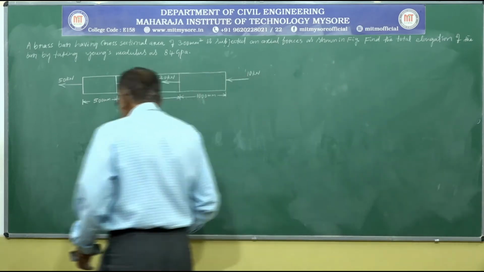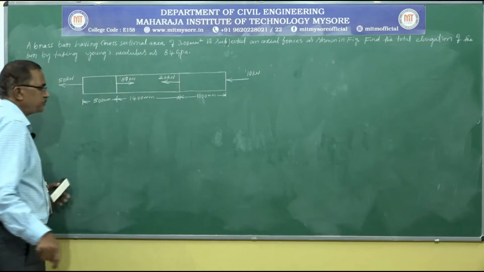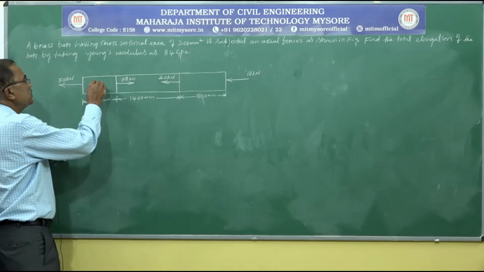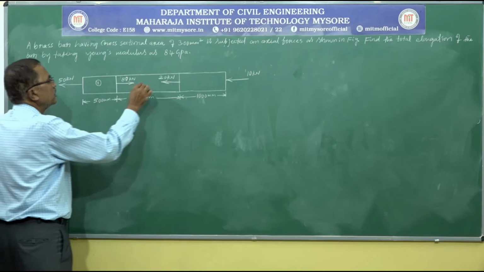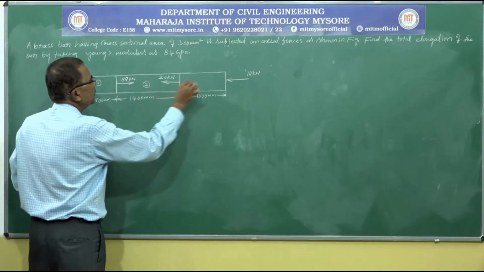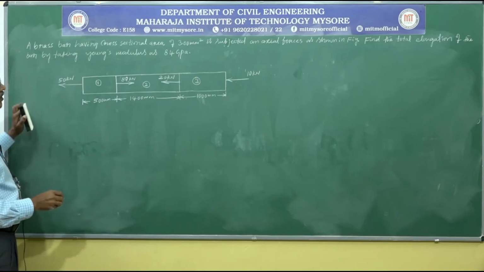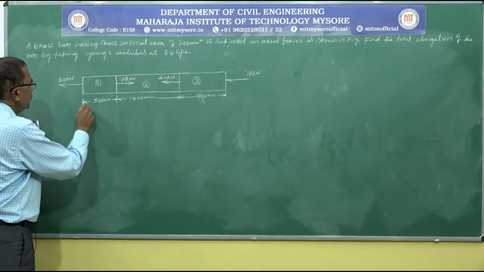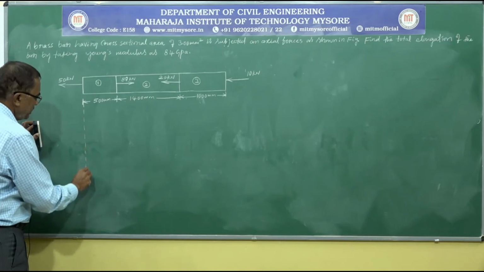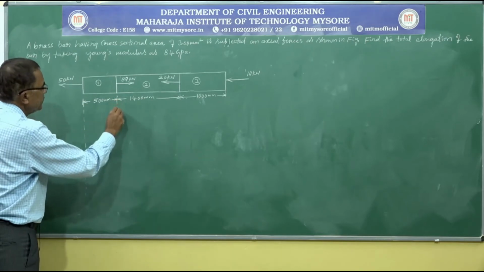Now, let us separate these portions. Let us designate them as number 1, number 2, number 3. Draw the free body diagram for this condition, and let us produce the intersection points, junction points like this.